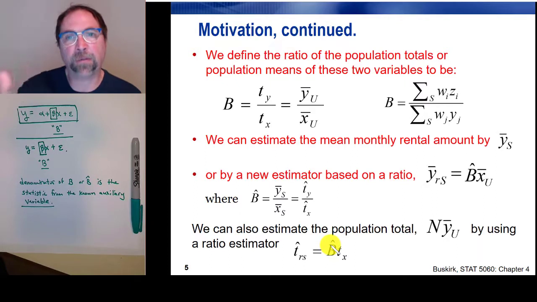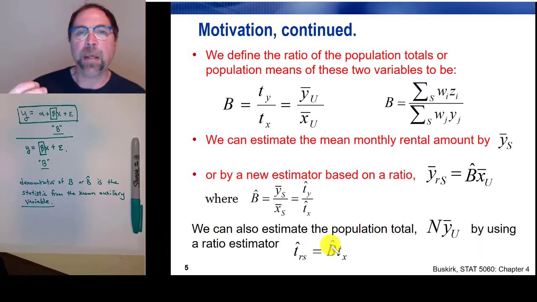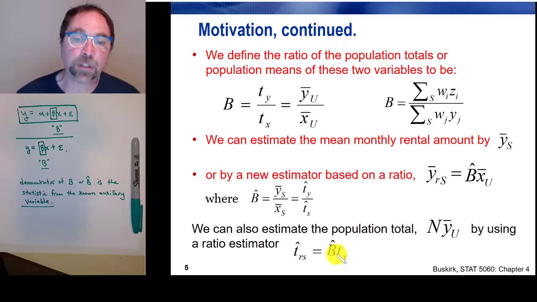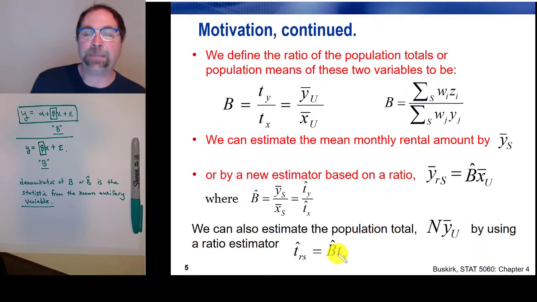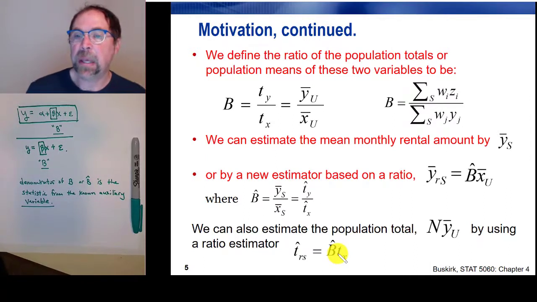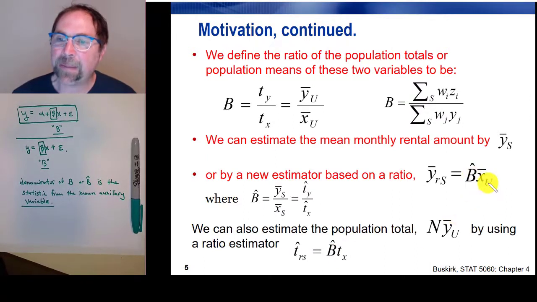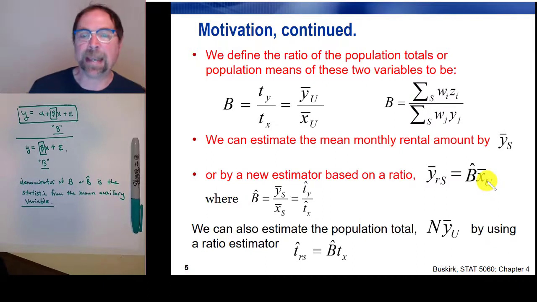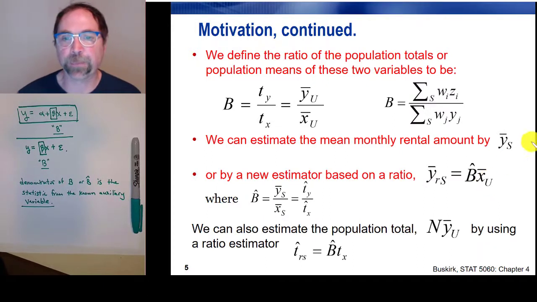Essentially, you can follow the formulas in the book, but the point is to try to understand how these are getting us back. So again, if you multiply this beta hat by the total, you're going to get an estimate of the total Y variable. If you multiply this beta hat by the X bar U, you're going to get a Y bar U estimate. So that is the idea here.